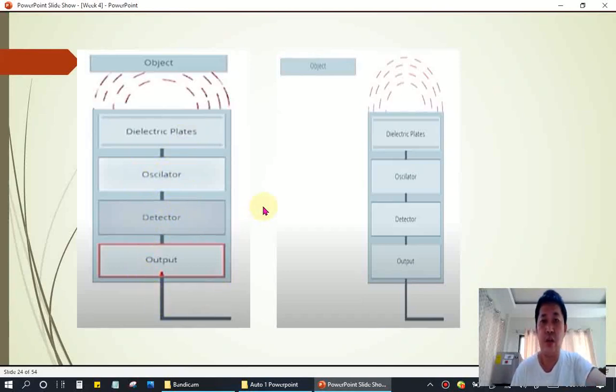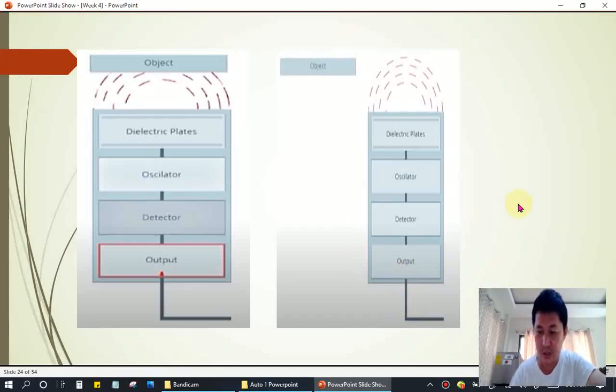When the object is near or passing the dielectric plates, it detects and sends signals and it creates outputs. But when the object is away from your dielectric plates, there is no output signal, as you can see on this illustration.